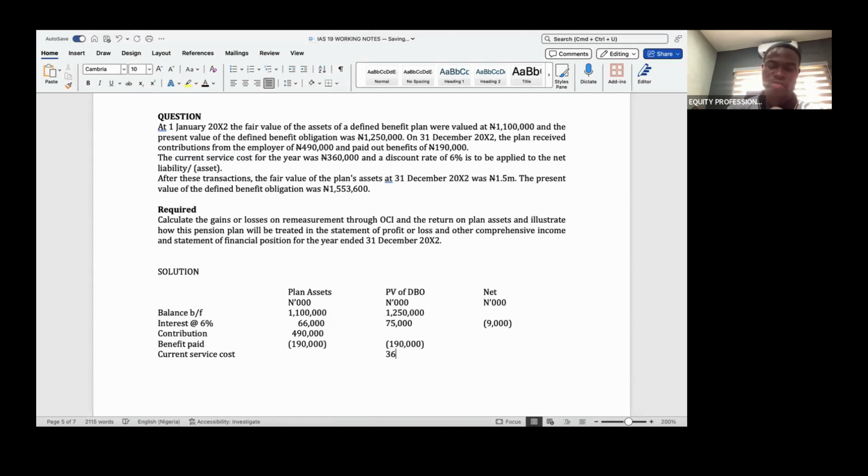So current service cost is usually added to the obligation. Okay, and that's all. That's everything here. I'm still coming back to this fair value they give me at the end of the year. Just follow me through.